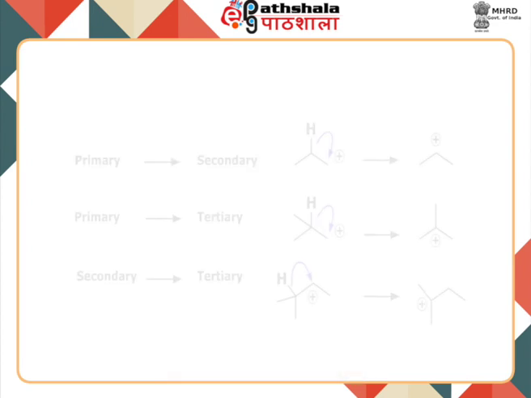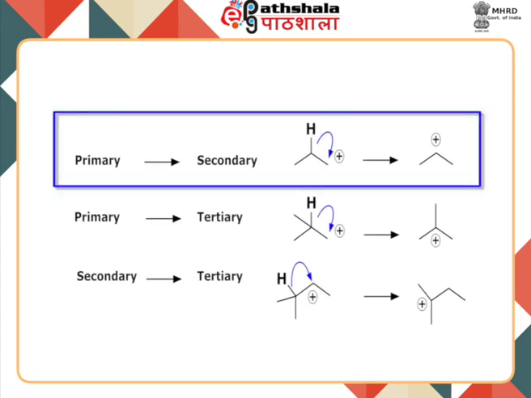Some examples of the allowed hydrogen rearrangements to make more stable carbocations are shown here, that is primary going to secondary. So you can see here this initial is the primary carbocation, and as this hydride shift happens, we will be getting a secondary carbocation.